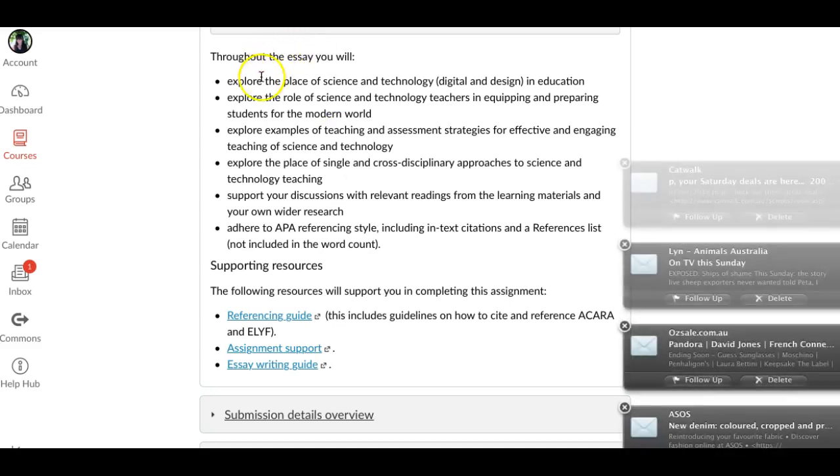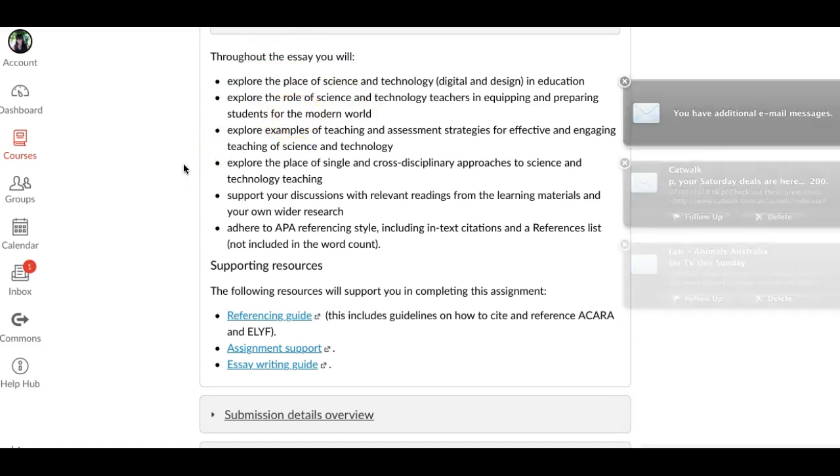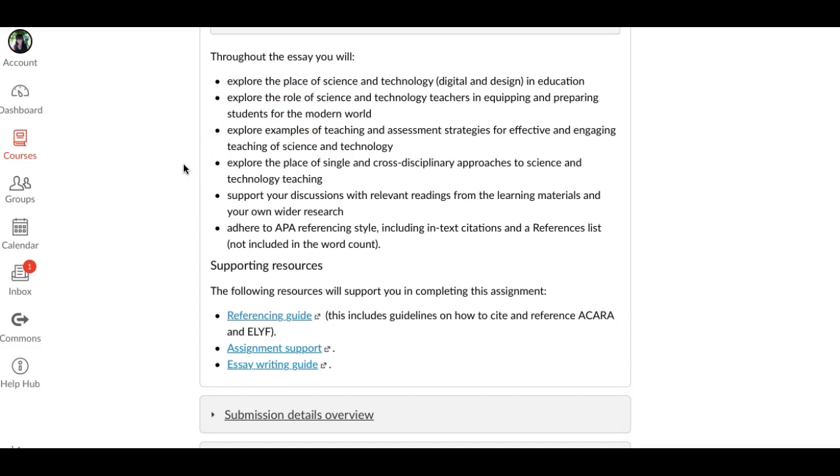The essay is about these things: exploring the place of science and technology, exploring the role of science and technology teachers, and including examples of teaching and assessment strategies for effective engaging of teaching of science and technology, all supported with academic literature.